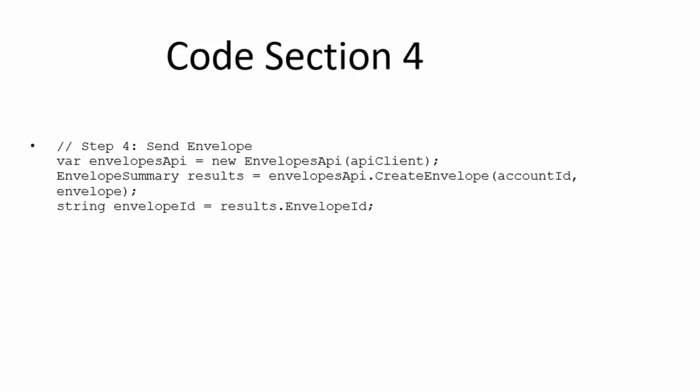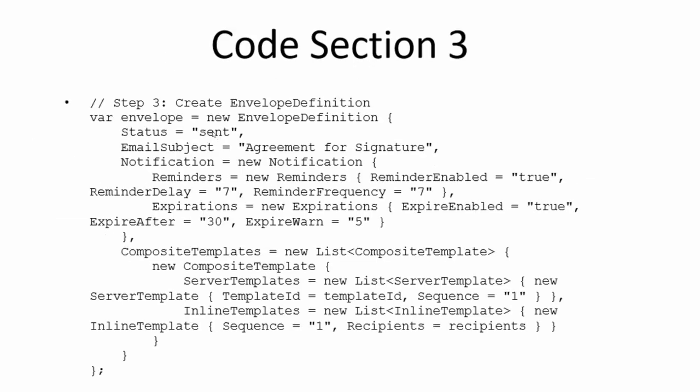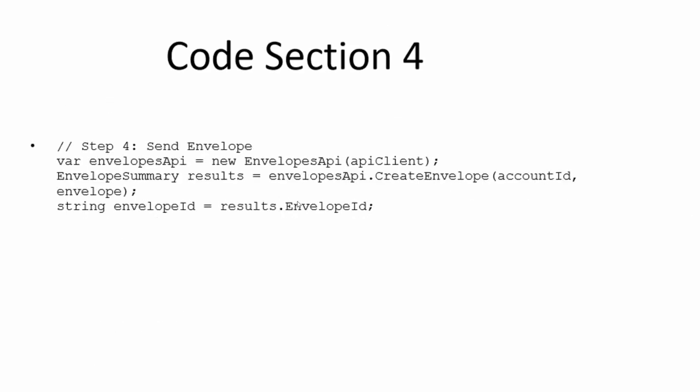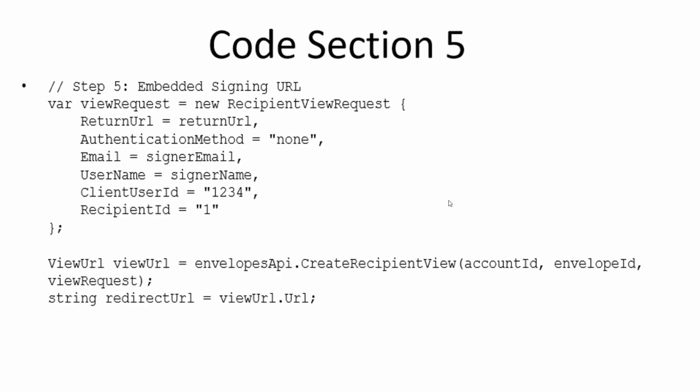For this method we need to pass two parameters, account ID and envelope. Envelope will be what we have created here, the envelope definition. Once this method runs successfully, you will get an envelope ID in return. You can use this envelope ID and store it in your database.